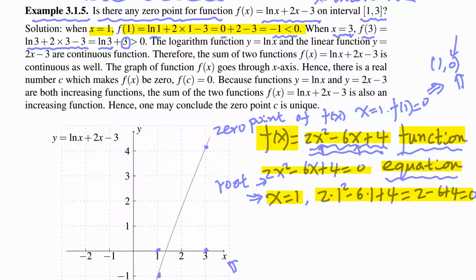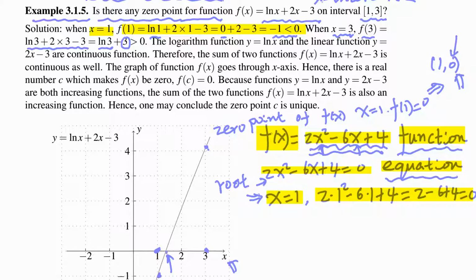We do not know exactly where this point is, but we know one function value is negative, another is positive. Then in between 1 and 3, the curve must go through the x-axis.